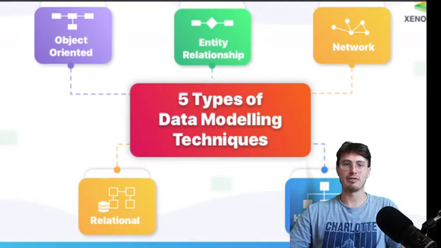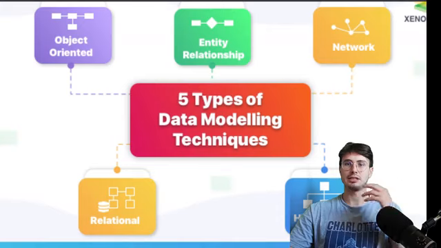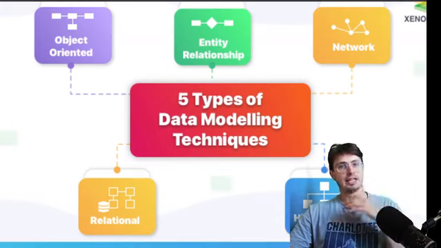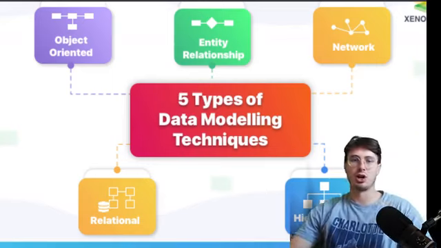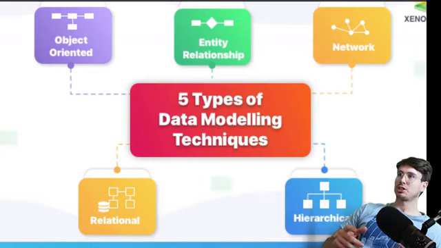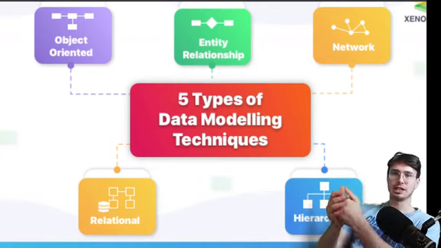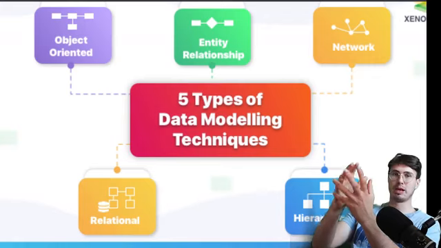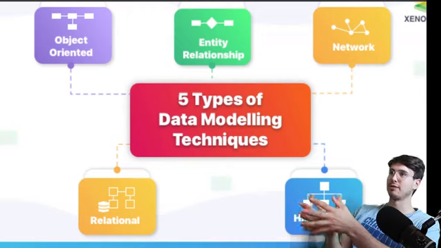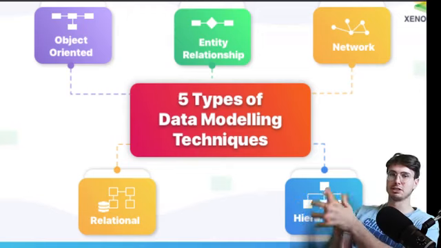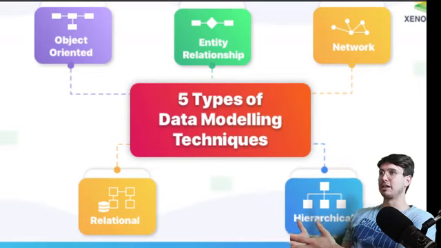You also have network data models. And so these are kind of an extension of the hierarchical data model, which is basically just a tree-like structure. So you can see here, it kind of looks like a tree. Each record has a single parent and zero or several children. And this is kind of an earlier database system where you didn't really have a lot of data.